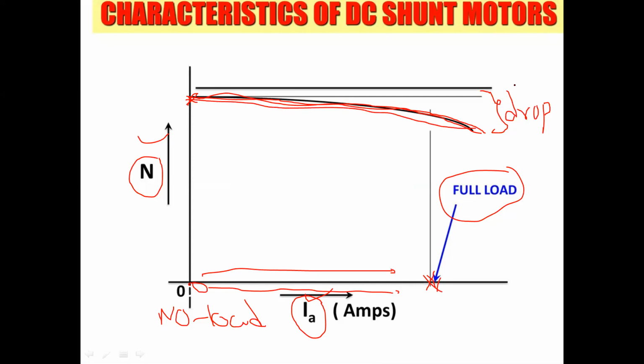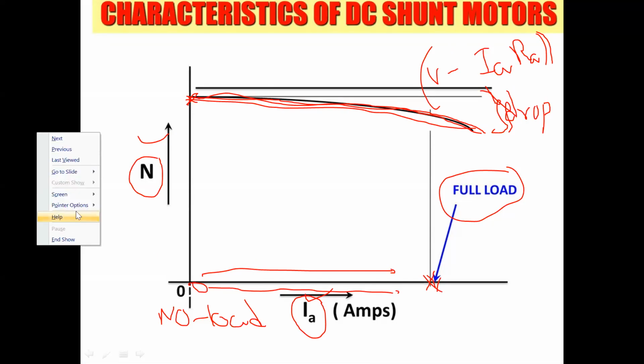This is because of the armature resistance drop IA RA. V is constant, minus IA RA means subtraction, so speed decreases. These are the speed versus armature current characteristics of the shunt motor.